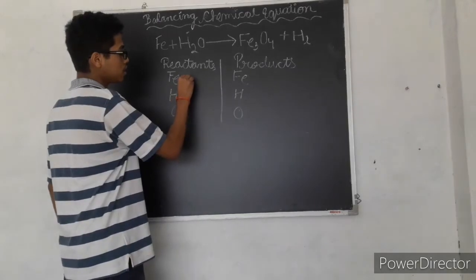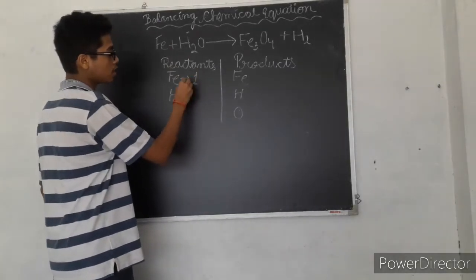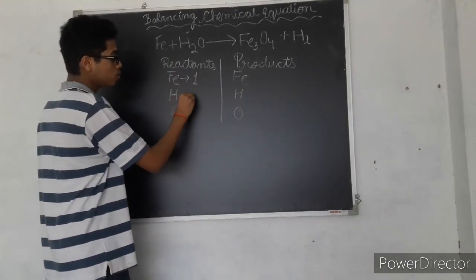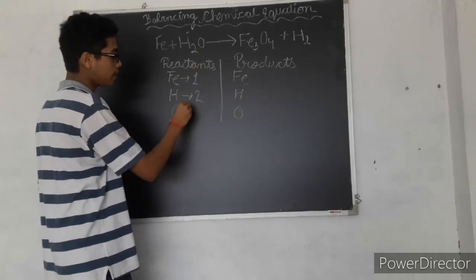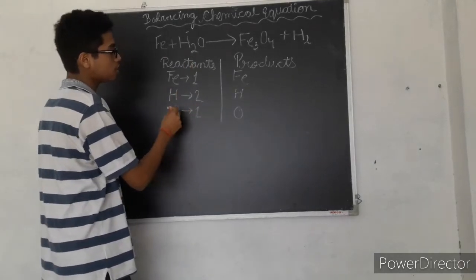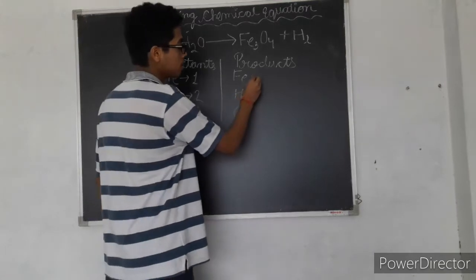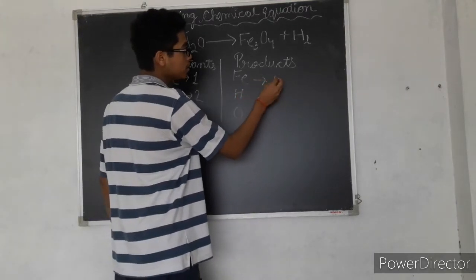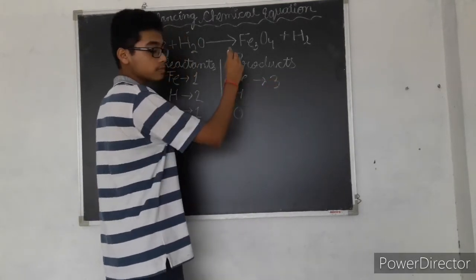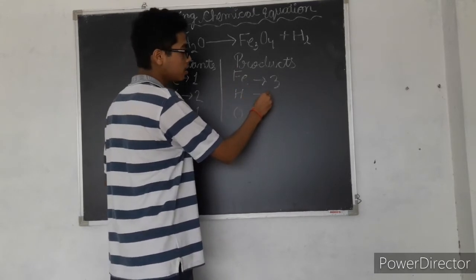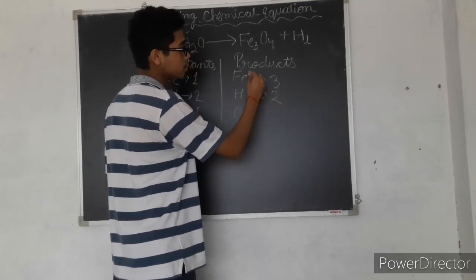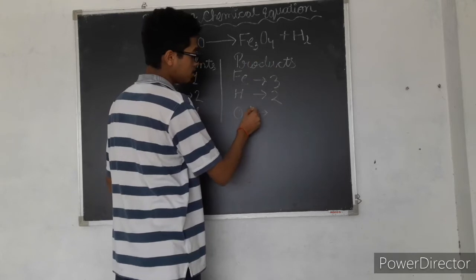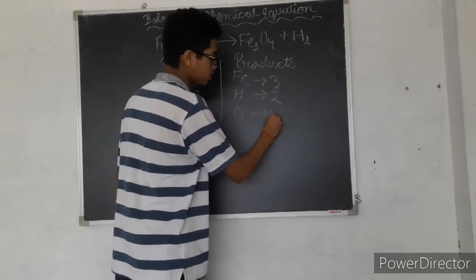There is 1 atom of iron, 2 atoms of hydrogen and 1 atom of oxygen on the reactant side, and on the product side 3 atoms of iron, 2 atoms of hydrogen and 4 atoms of oxygen.